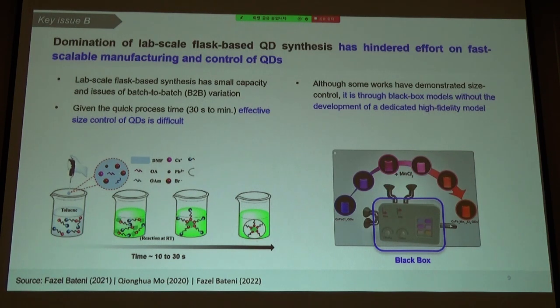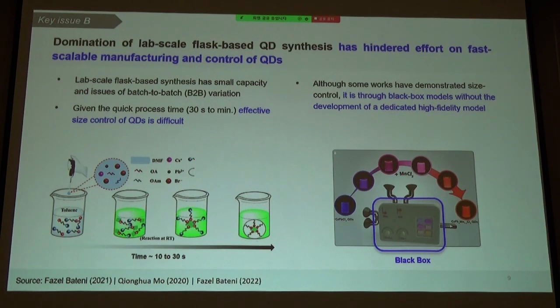And also, given the quick process time and the very fast nucleation rate, it's not easy to control the QDs. So these two are quite a bit of challenge if you were to develop continuous-time or mass production of these QDs.